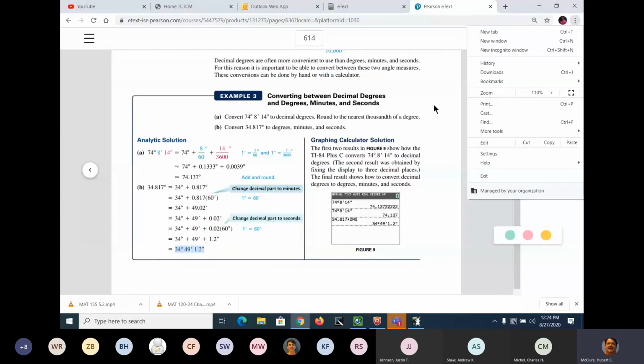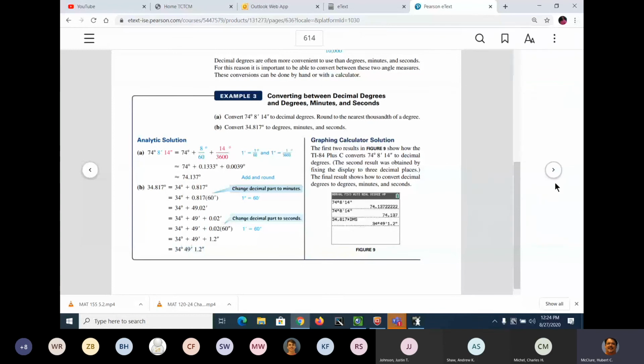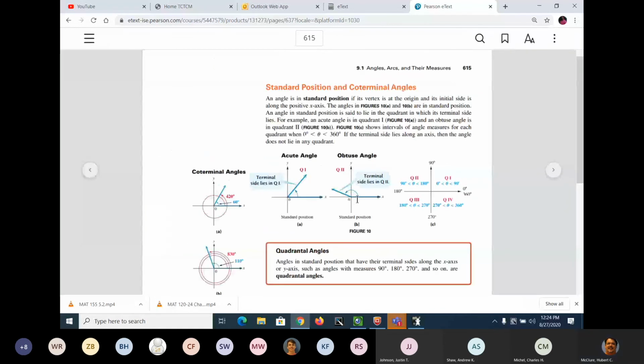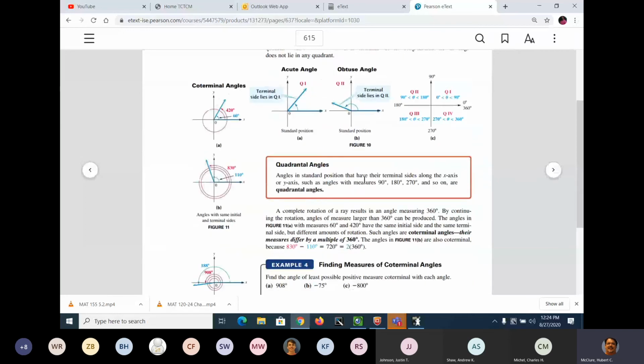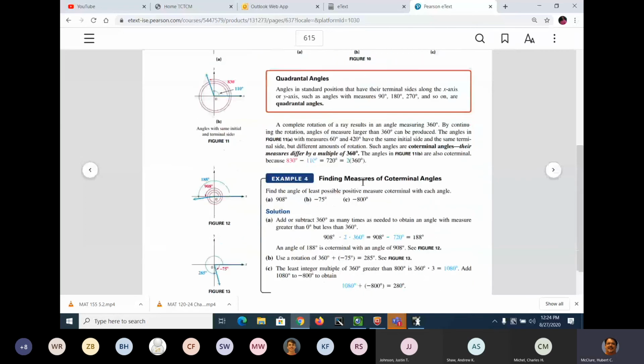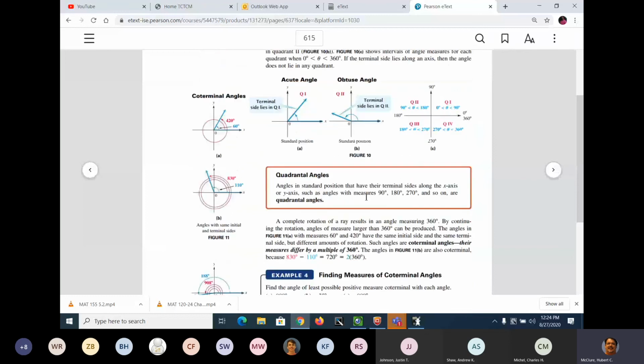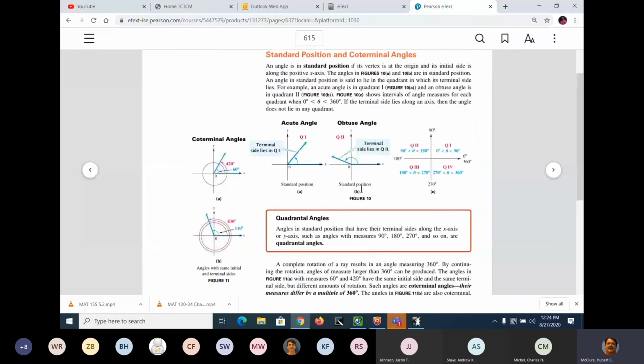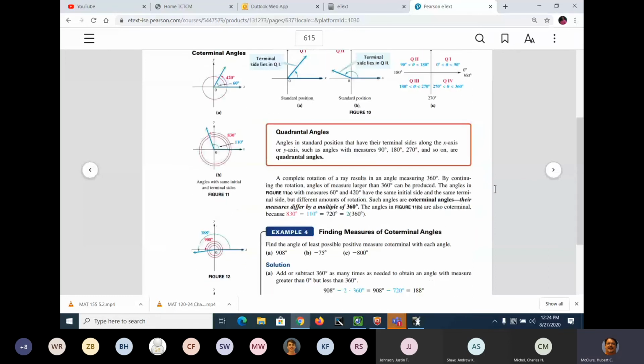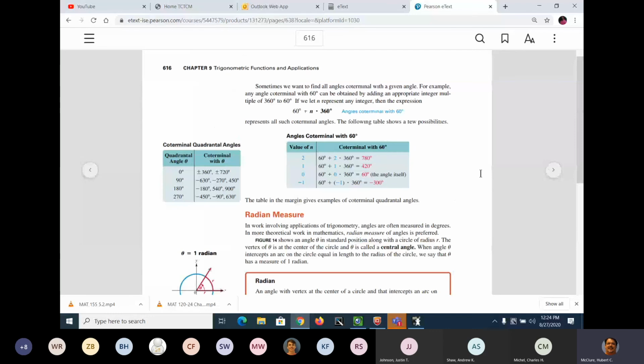Okay, we might as well go ahead and wrap it up now. Let me go ahead and look at the next page. And quadrilateral, okay, that's not a big deal. That's how many times you wrap around 360. I'll show you that. That's not a big deal. Yeah, let's stop there. I don't want to go into radians right now.